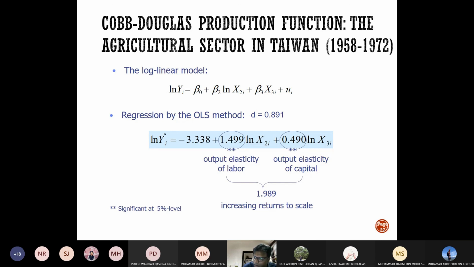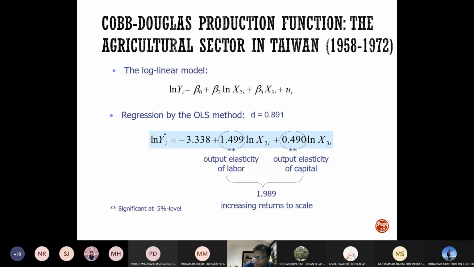We generate the regression model using the ordinary least squares method, or OLS, and we obtain this model as stated in the slide.